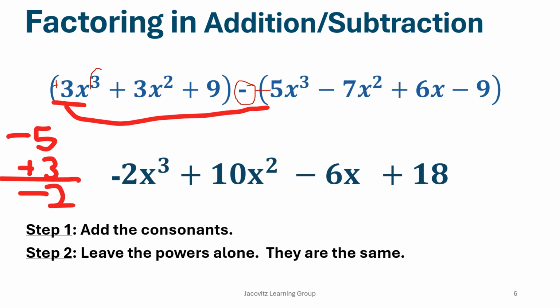Your powers stay the same. I put on here, leave the powers alone, they stay the same. When you take your 5x cubed, 3x cubed, you get a -2x cubed.